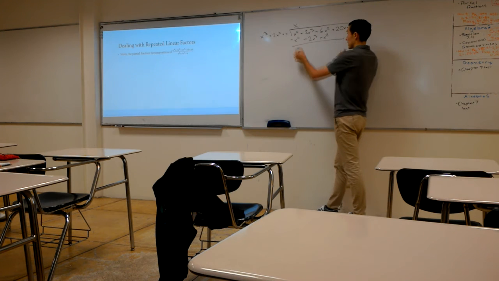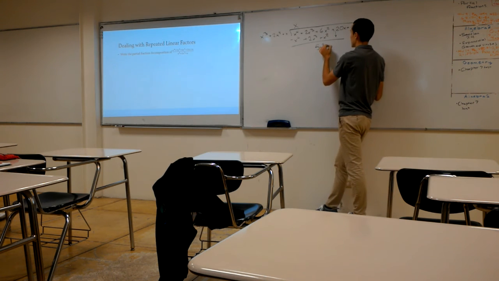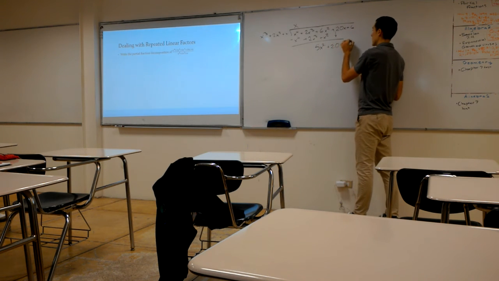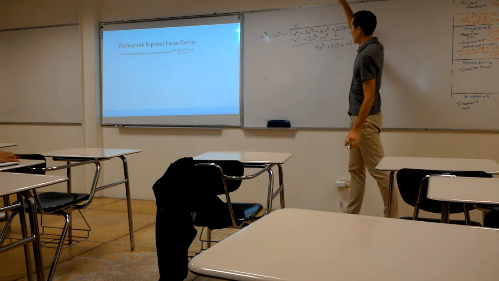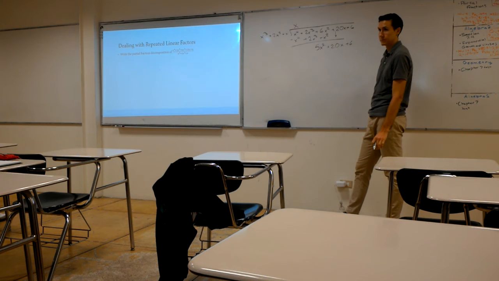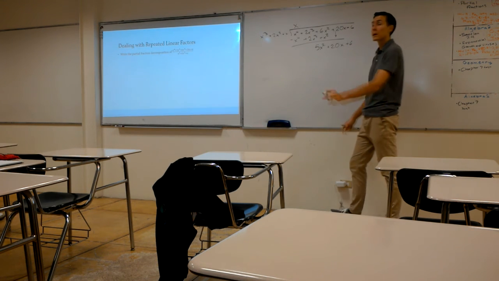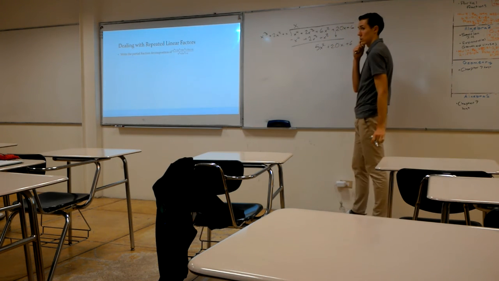Now we subtract. 0, 0, 5x squared. Drop down plus 20x plus 6. What times x cubed equals 5x squared? Nothing, because this degree is already above this.